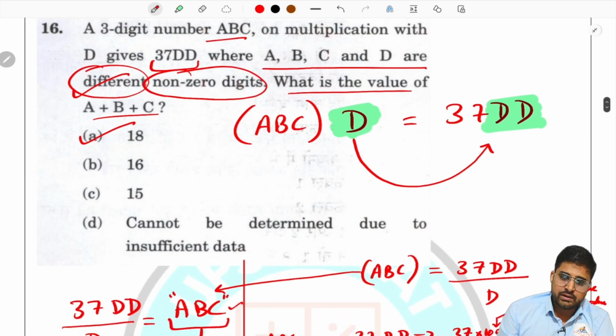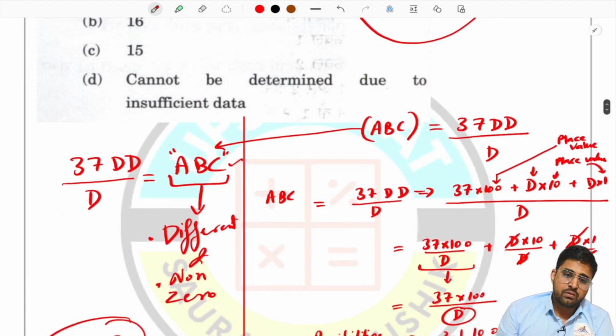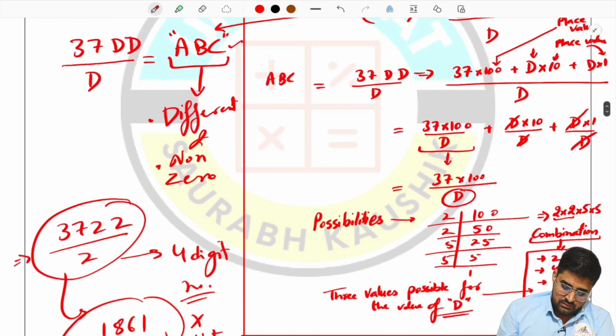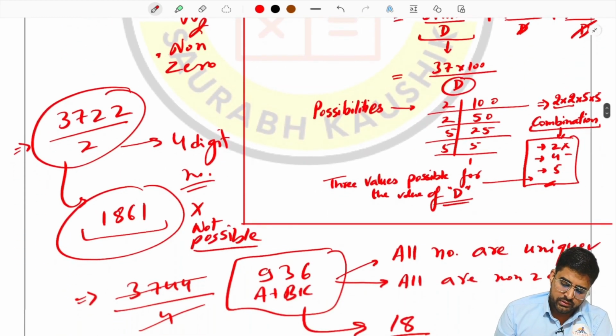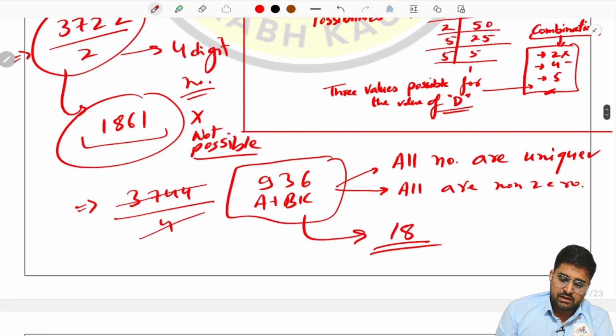Okay, let's move to the next question. It is a very good question. If you have some problem, please mention in a comment or try to revise the concept and you will get it. Okay, we are going to move on to the next question.